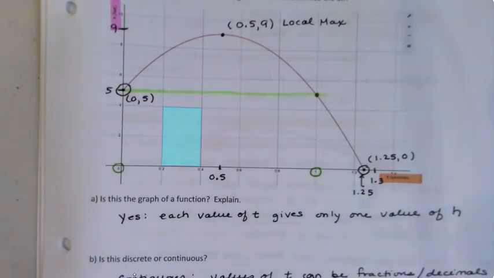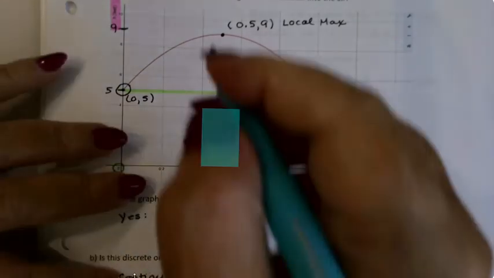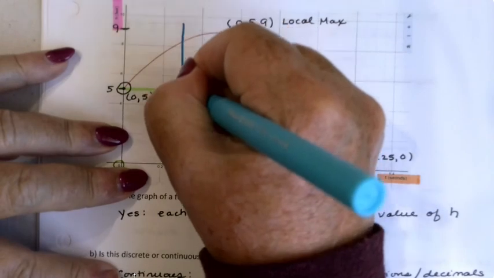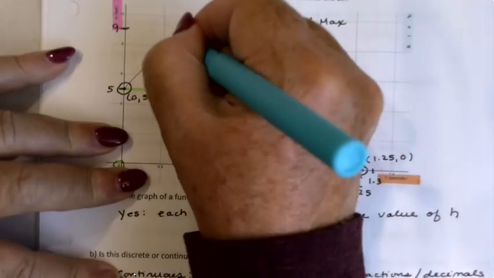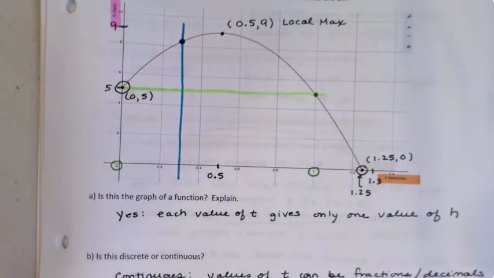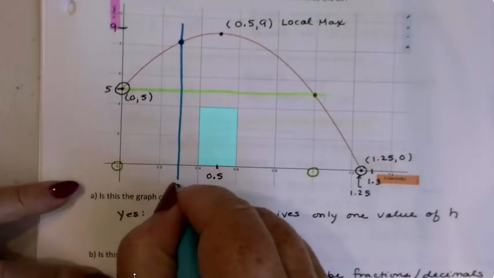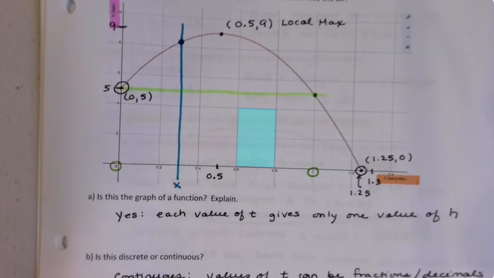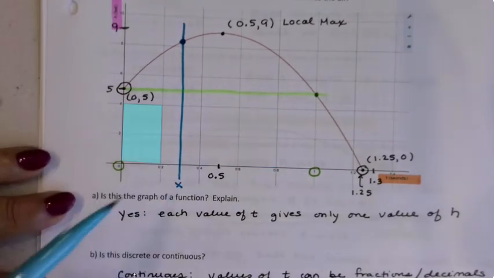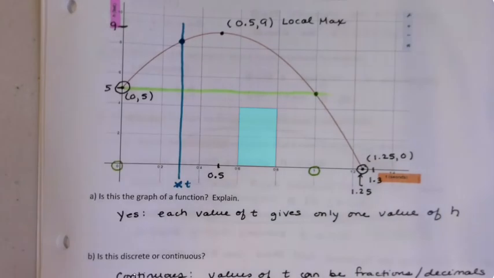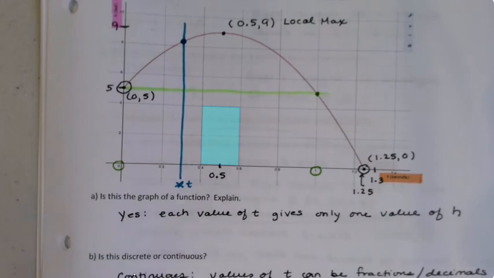Well, if I were to take a vertical line somewhere and just draw it, I'm just going to pick a random spot here, draw a vertical line, you'll notice it only hits the graph in one point. Why does that have to be true for a function? Well, a vertical line represents a very specific input, or x value. And that x value, or in this case it's actually a t, that input, whatever it is, is only allowed to have one output.